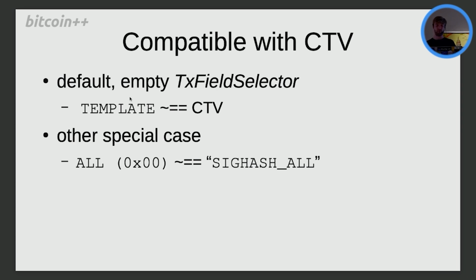I'm currently working with Brandon to maybe add a whole bunch more special cases, because we would like to have more usage of single byte field selectors instead of 3 to 5 or 6 byte field selectors. But currently in the spec we have just the template one and the all one, but we're trying to optimize it a little bit.